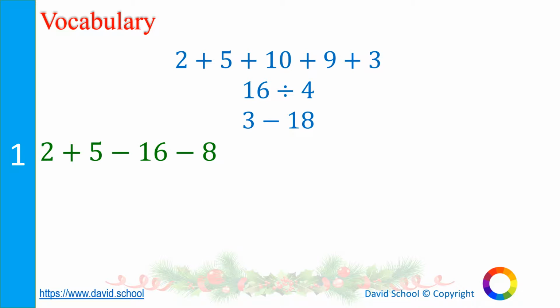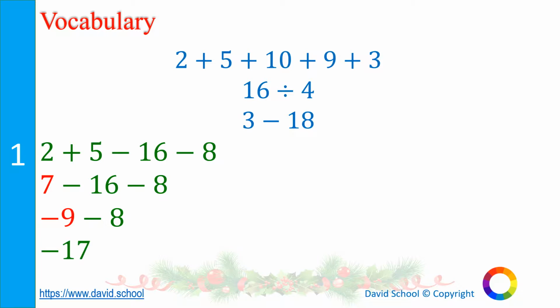Therefore, we add 2 plus 5, 7, minus 16, minus 8. The next step would be 7 minus 16, which is negative 9, minus 8. That is equal to negative 17.